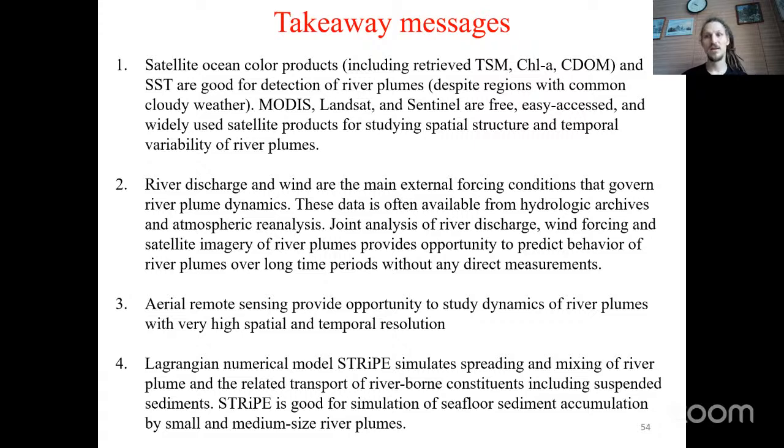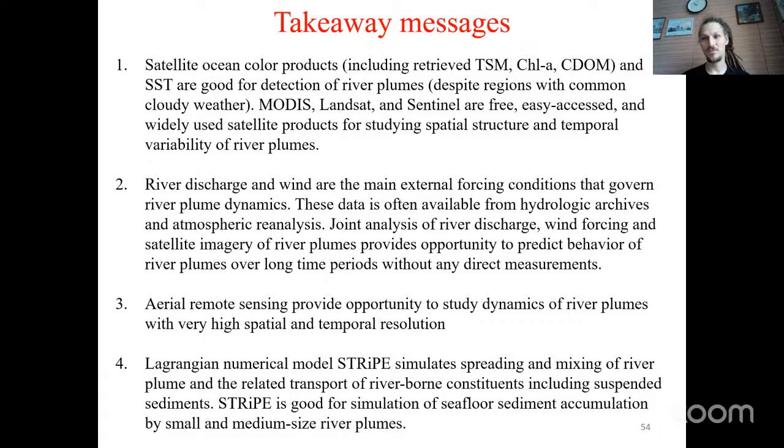So once you compare different satellite products, you can be more sure that what you see is indeed a river plume, because the best is salinity, and the only 100% is salinity, because the river is the only source of fresh water in the sea. Also there is rain, but it looks different. Also there's sea ice melting in some areas, but it also looks different.